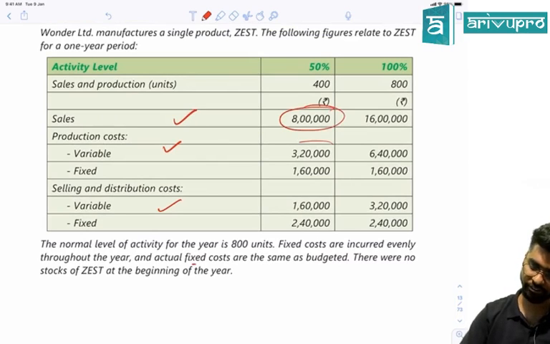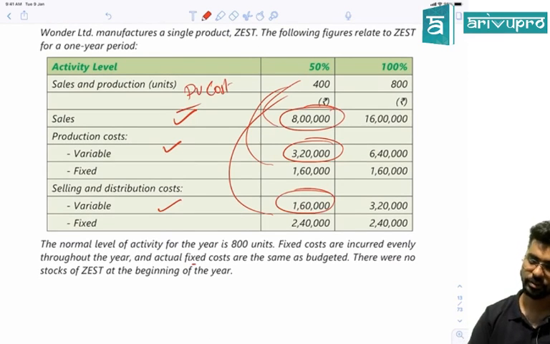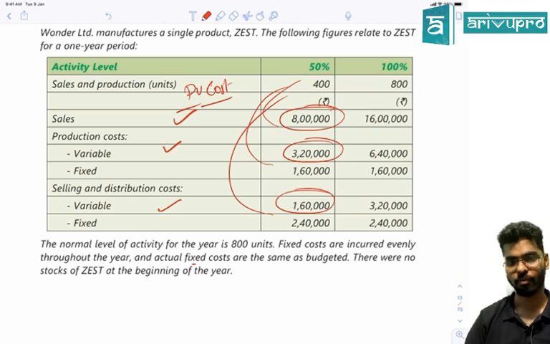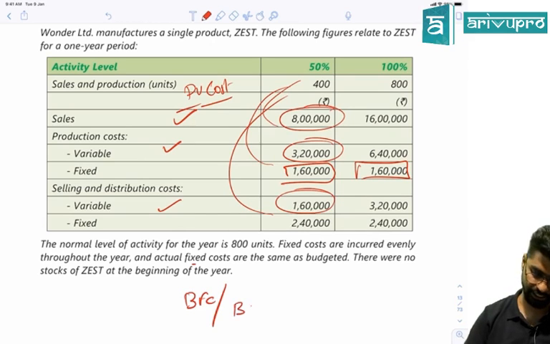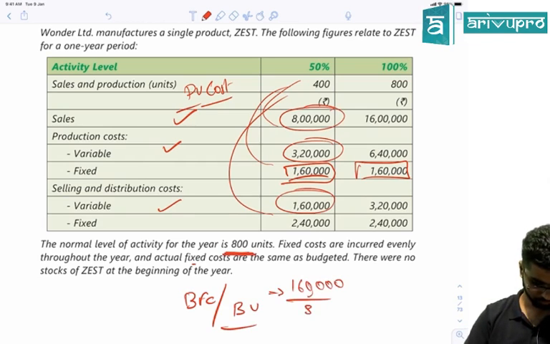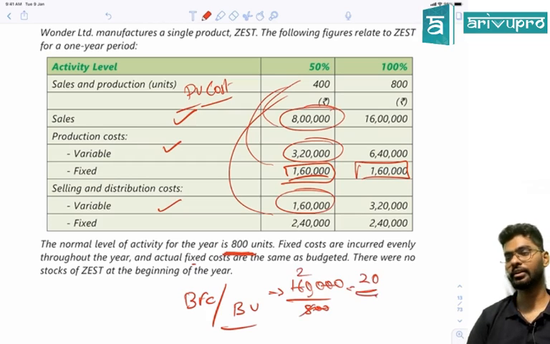So what you will do, you will divide by the number of units to get the per unit cost. Fixed cost, this is my budgeted fixed cost. I'll divide by the budgeted units, which is 800.